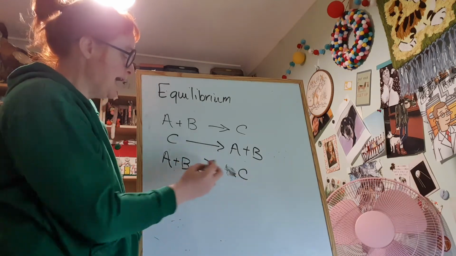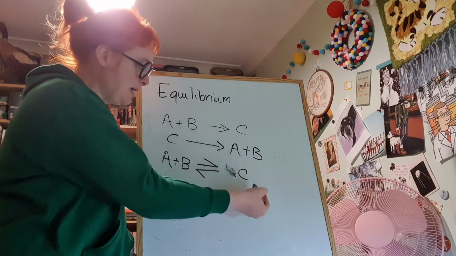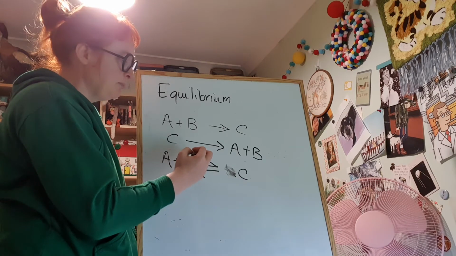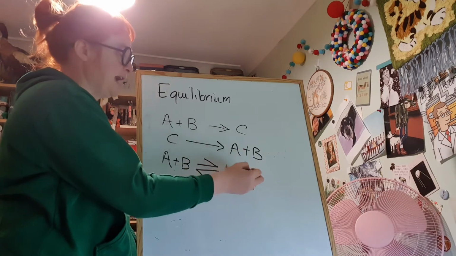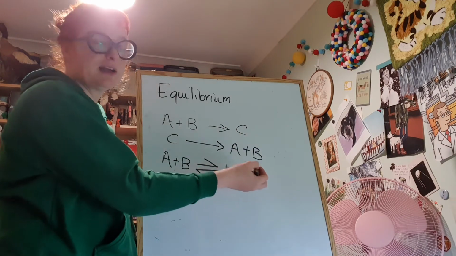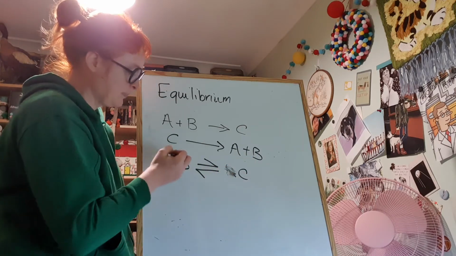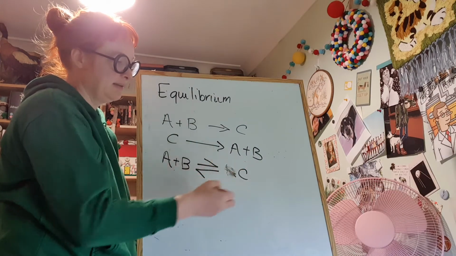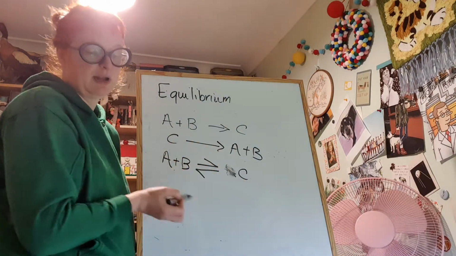This shows that it goes this way, but it also goes this way. What we think of as our products can make a reactant, and our reactant can become a product. So it can go backwards and forwards both ways.